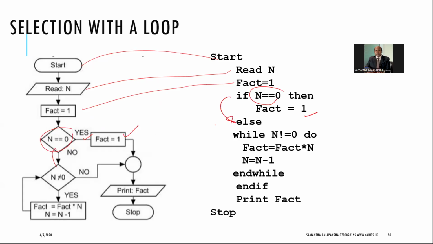If it is false, you come to a loop. It's a while loop, and while n is not equal to 0, you execute this. So you need to identify the conditions. This condition is not a loop, but this condition is a loop. You need to identify it clearly.